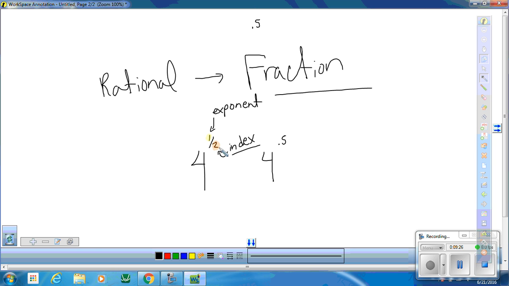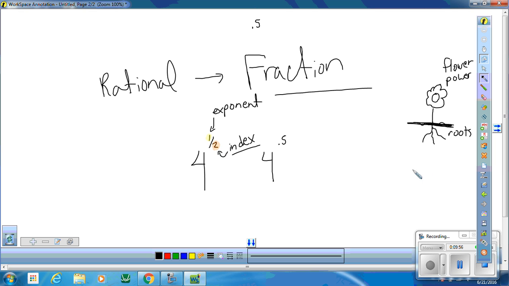I've often heard it described as a flower. You know, the top number is the flower. It's flower power. So the number on top is the power. It's the exponent. But then underneath the flower, you know, underneath the ground here, you have your roots. So, underneath that fraction bar, top is the flower power, it's the power, and underneath the ground down here is the root. It tells you which root it is.